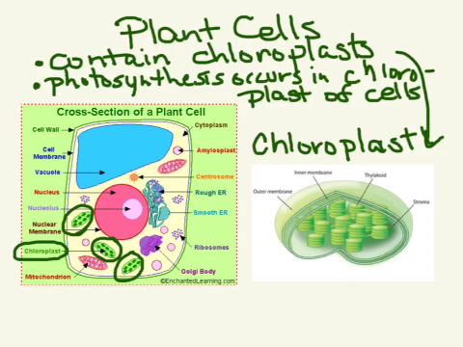So within a leaf, a plant has a lot of plant cells. And within these plant cells are chloroplasts, and chloroplasts is exactly where the photosynthesis occurs.